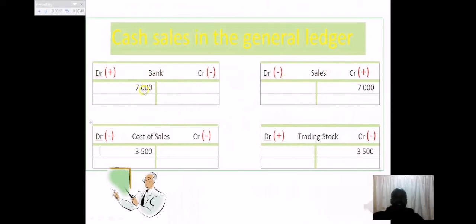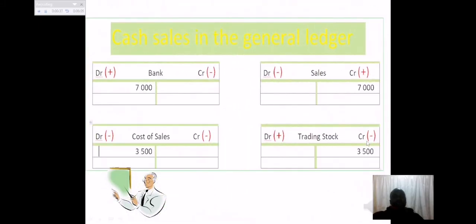Bank increased on the debit side, sales increased the owner's equity, and we recorded them on the credit side. Cost of sales on the debit side because it's an expense. Trading stock on the credit side because it's an asset that is decreasing.